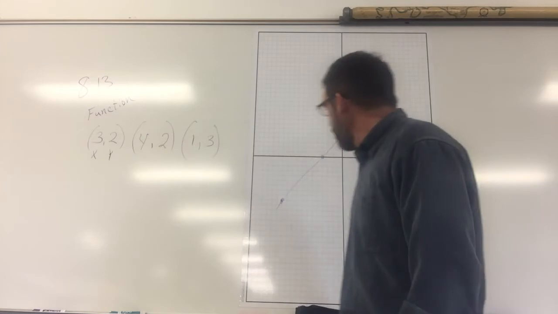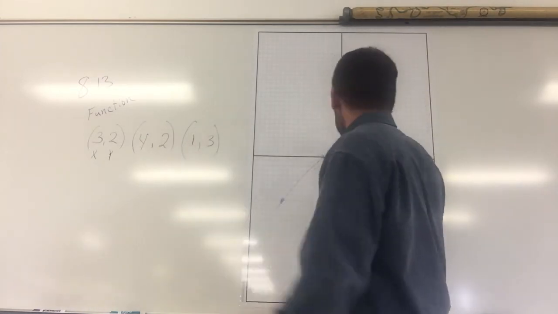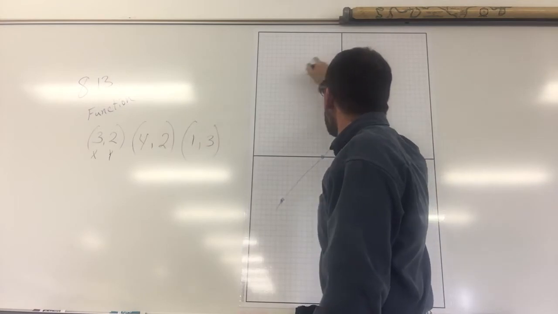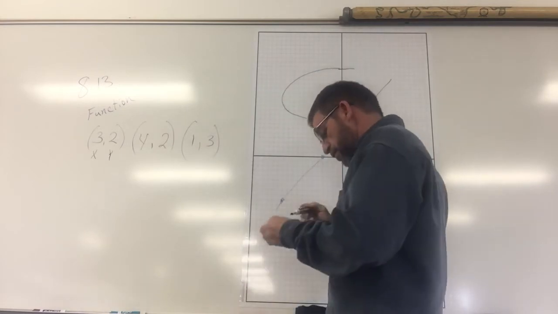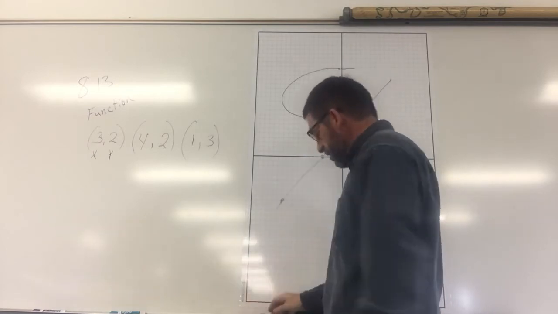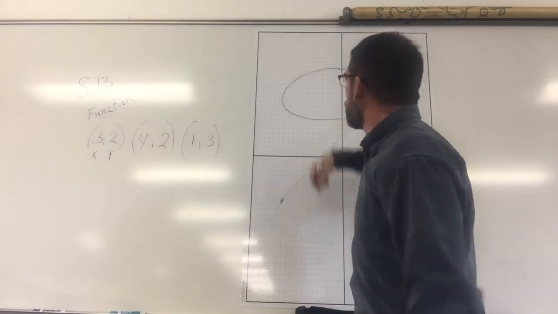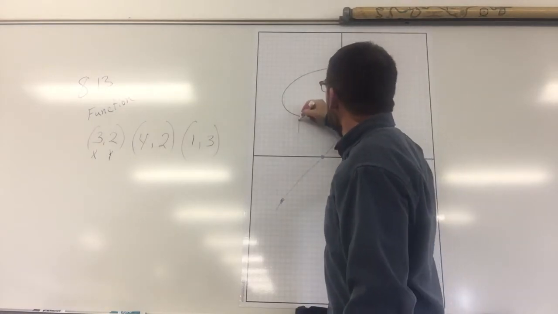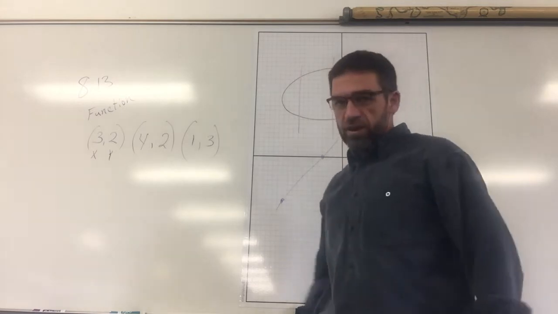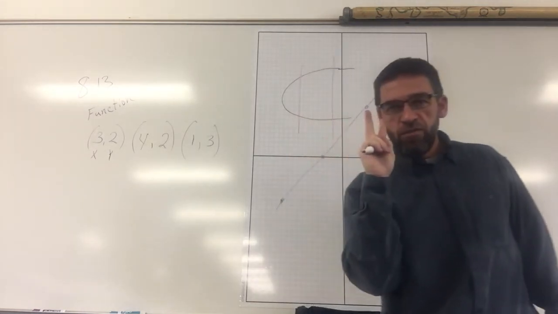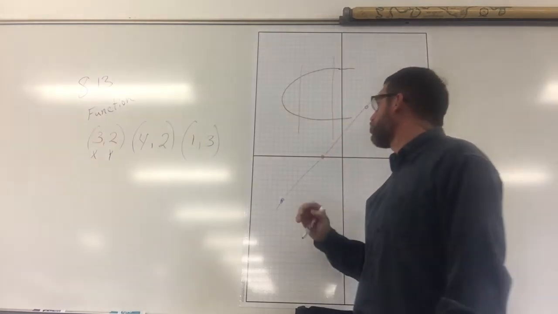Now, if you have it graphed, you haven't seen many graphs like this, but if you look at your example B, you have some graphs that do like this. If you want to check if this graph is a proper function or not, what you need to do is draw a straight vertical line. Anywhere on this graph, you draw a straight vertical line, and if you can cross your diagram 2 times, it is not a function.